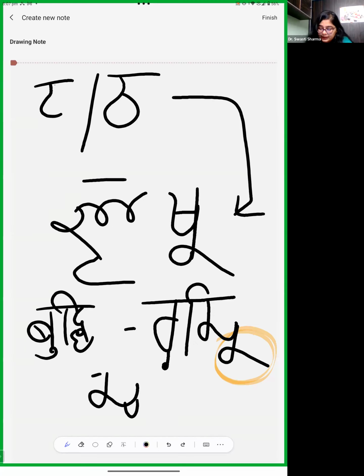Somebody may make it like this, wanting to make dha, but it became like this. So here you can confuse it with dri. There should not be any confusion. That's why these two letters are changed into a different shape. Clear?